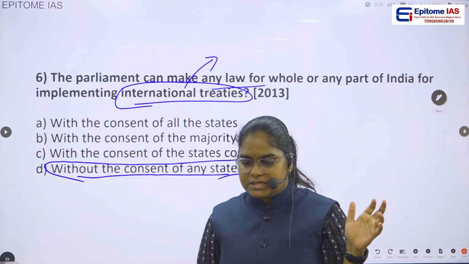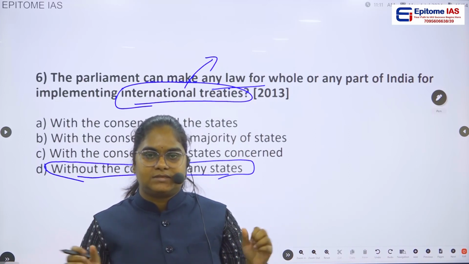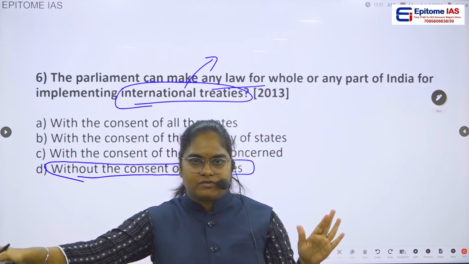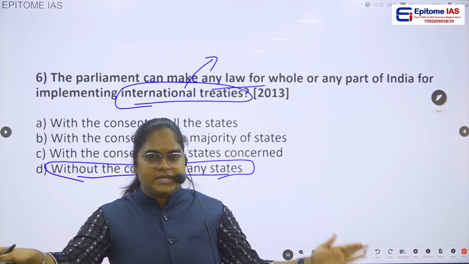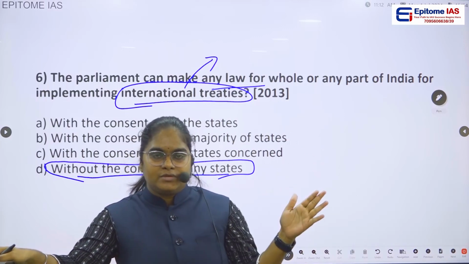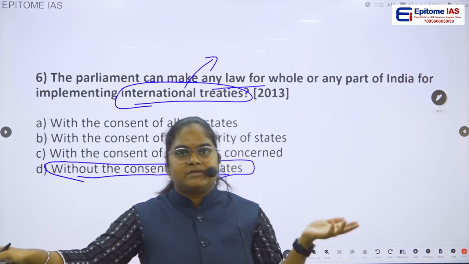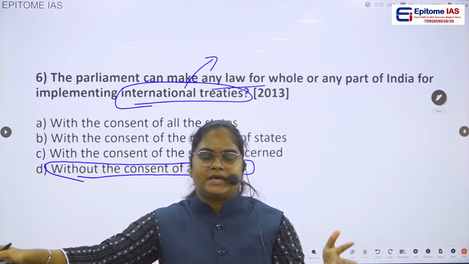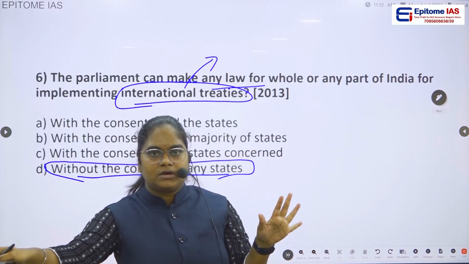Why? Let's say the parliament is going for the consent of the different states, then what will happen? The process will be delayed, first of all, because it will be a complicated process, because every state needs to approve this particular thing. And second, when there is a disagreement, when some of the states are not accepting this particular thing, then also there will be a deadlock.